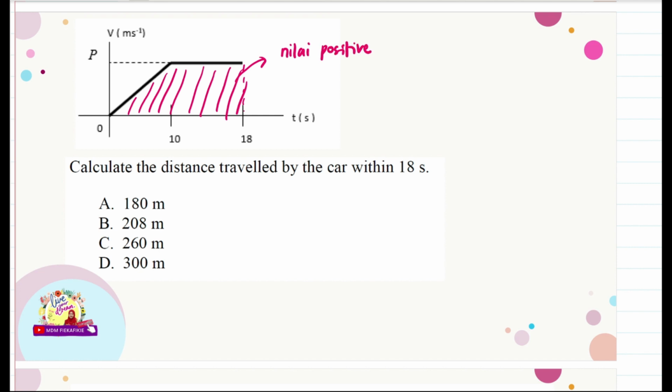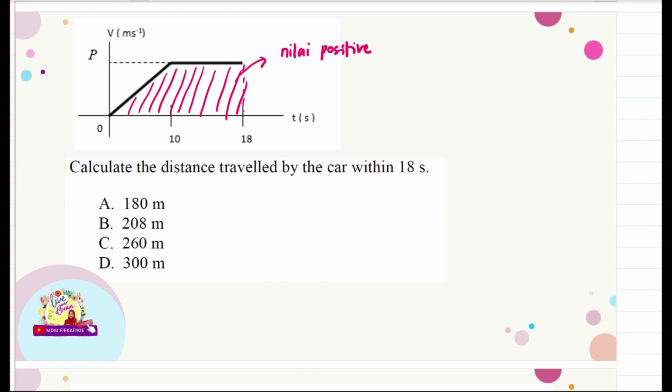Means that kalau kita kira distance, kita tak mention dia punya direction. Okay, kita kata distance, kita kira saja dia punya magnitude. Okay, tapi kalau displacement, bila nilai yang kita kira area under the graph tadi adalah positive, means that the displacement ataupun motion of the car is moving to the right, which is in positive direction.